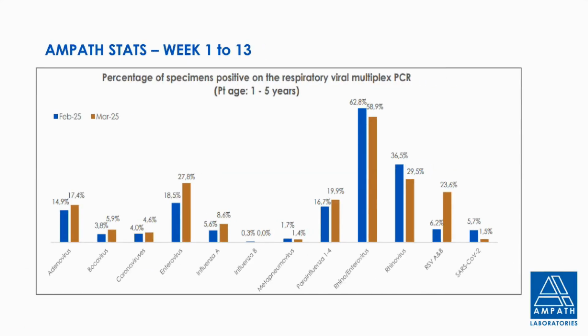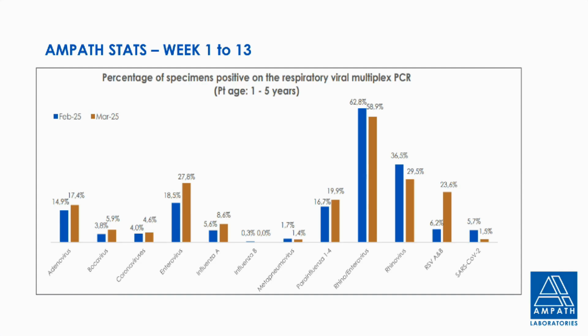Looking at your multiplex PCR, which picks up a whole lot of those common cold viruses that I spoke about, and I hope this projects clearly, looking at your parainfluenza and rhinoviruses here, I just want to illustrate just how high the percentage is in the age group 1 to 5.